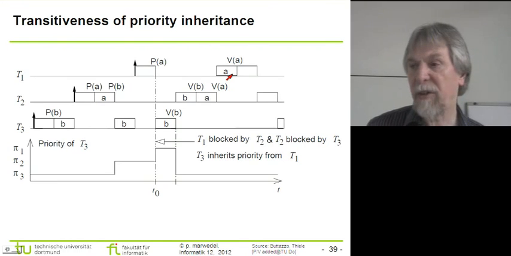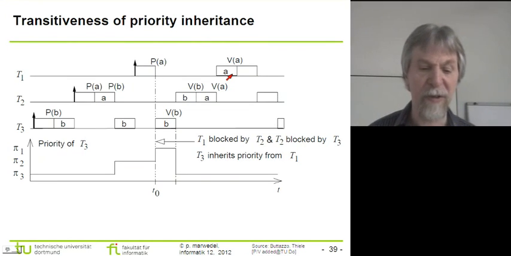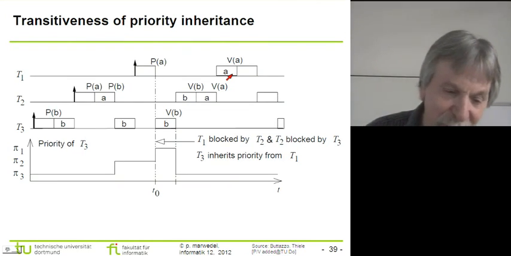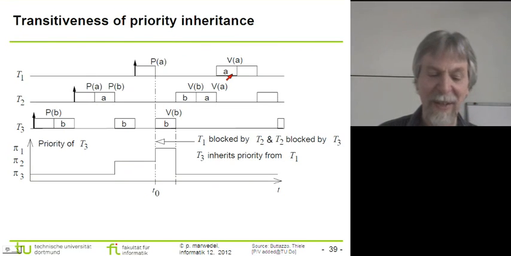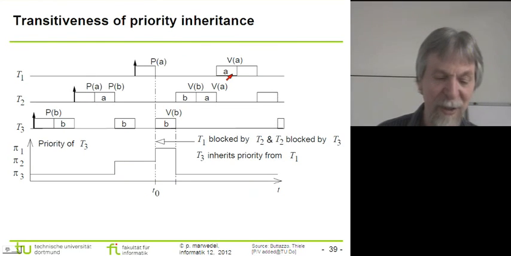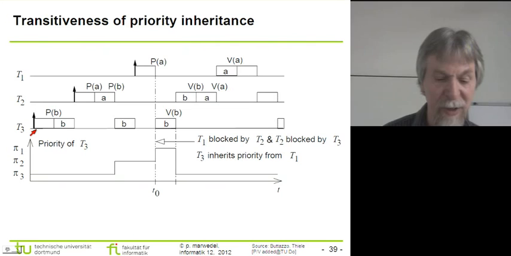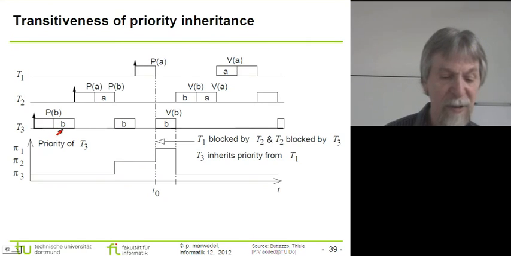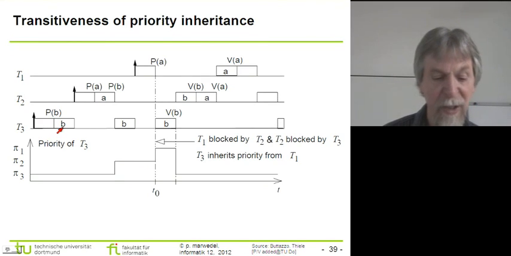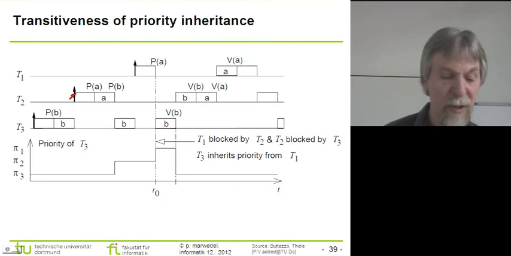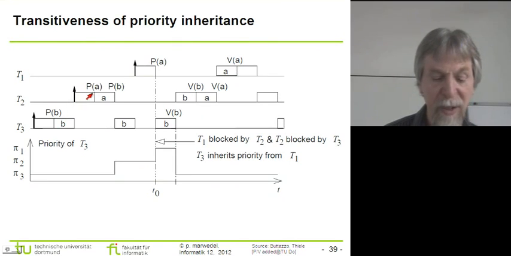Now, next I'd like to demonstrate transitivity for this priority inheritance. So we have a situation similar to the previous one, but still slightly different. So we start the execution of T3 over here, request exclusiveness there for using B. Then we assume that T2 becomes executable as well.